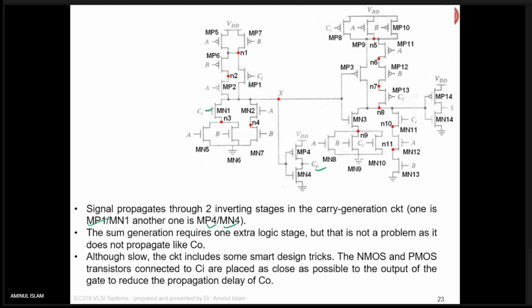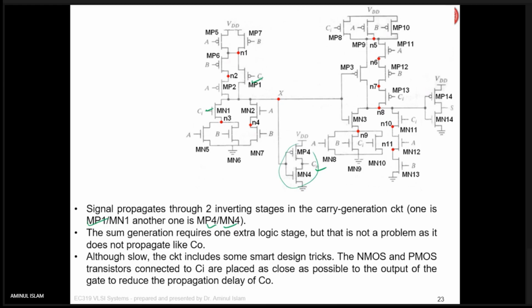MP1, Mn1, these 2 transistors are connected together, forming an inverter basically, if you consider. And another inverter is here. So 2 inverter delays are there for the generation of carry out.